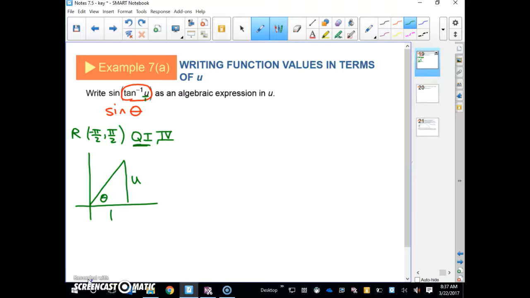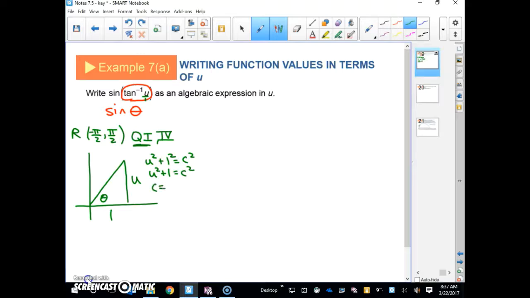So a squared plus b squared equals c squared, or r squared if you want. And so what I've got is u squared plus 1 equals c squared. In order to solve, I'm going to take the square root of that.